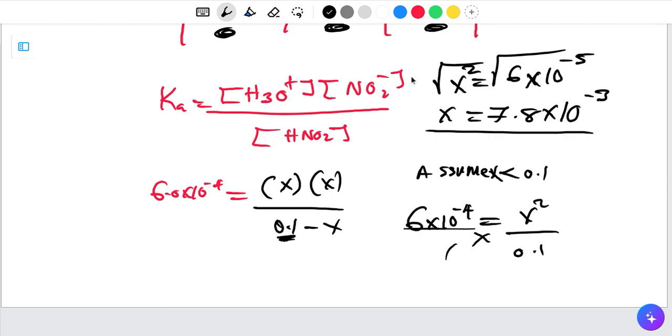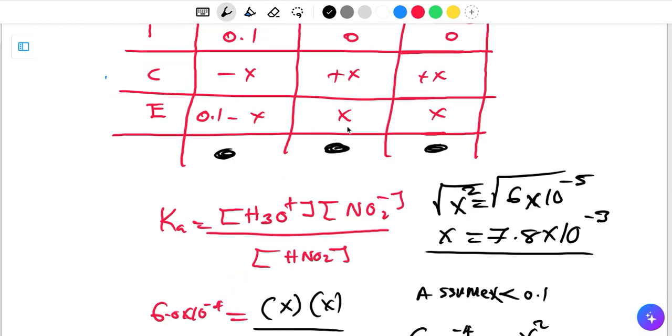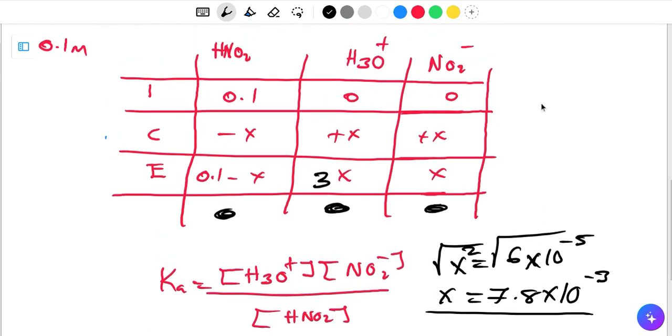Now, according to this equilibrium here, the value of x is this one. So if here we had a 2 or a 3, you need to multiply 3 by the value of x to find the concentration of hydronium ions. So we can easily find now the pH. pH is equal to the negative log of hydronium ions.